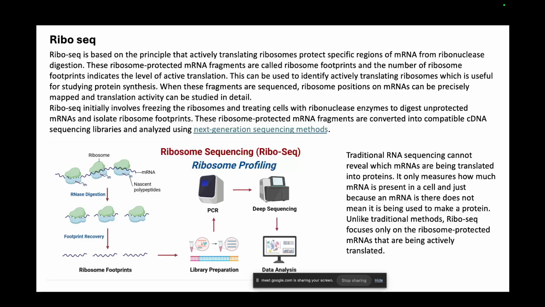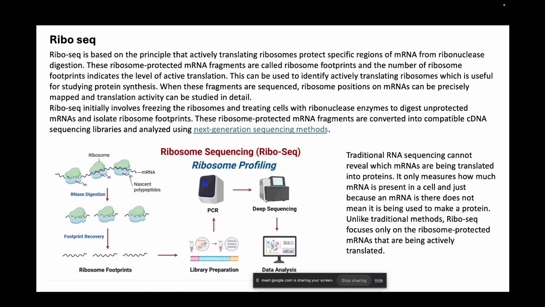You capture the mRNA in a form where the ribosome is still bound to the mRNA, so that you have an idea that yes, this particular transcript is going to be used for protein synthesis, right? So you can study protein synthesis using RiboSeq, by sequencing ribosome-attached mRNAs.